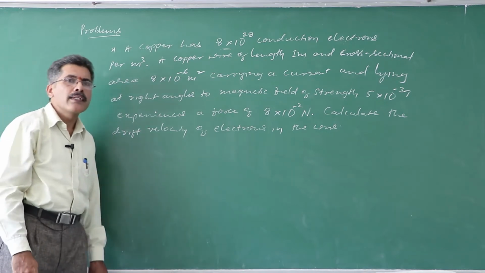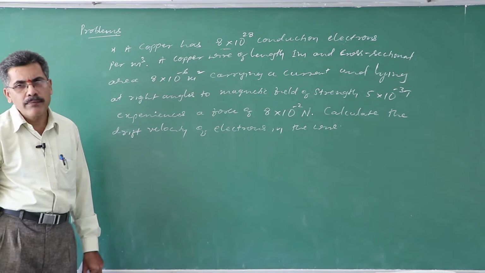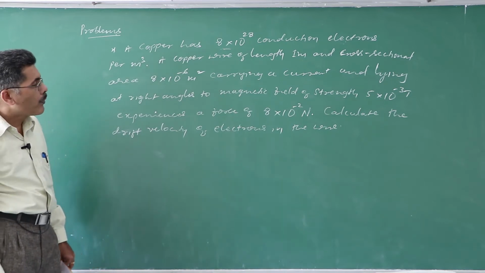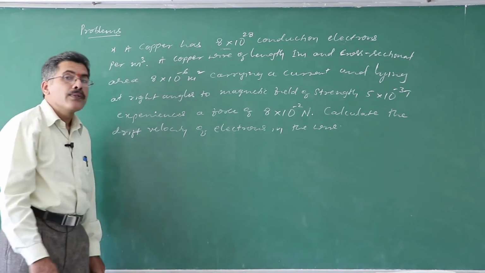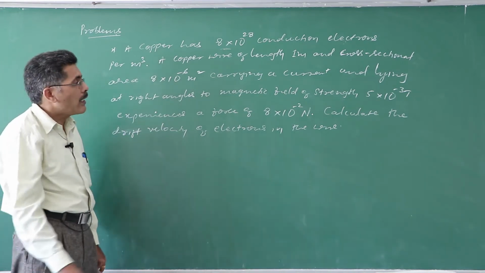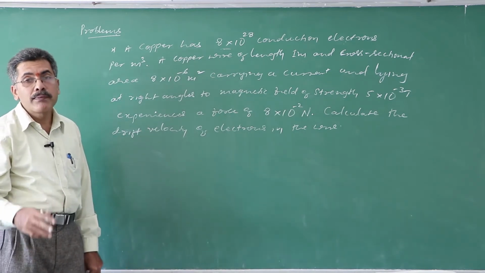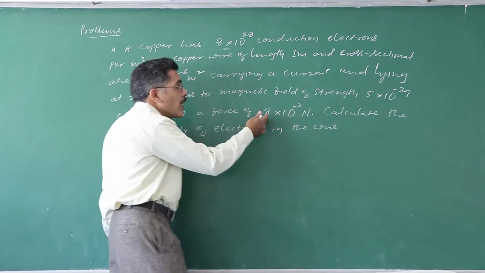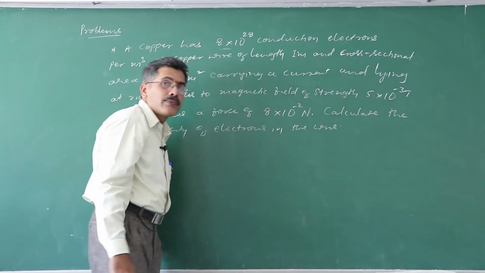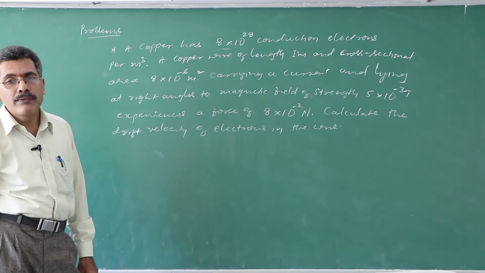So you know that the electric current is due to drifting of electrons along a particular direction. Therefore you have to determine the drift velocity of the electron. And here the conductor is kept in a uniform magnetic field, therefore it experiences a force. That force is given, and the magnitude of field strength is also given. You have to find out what is the drift velocity.